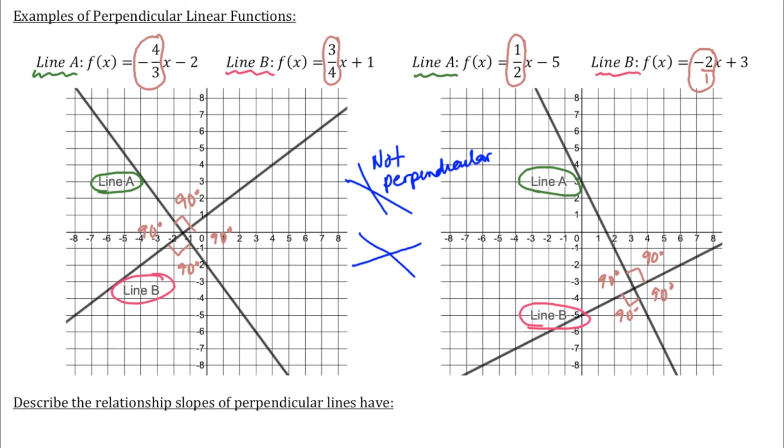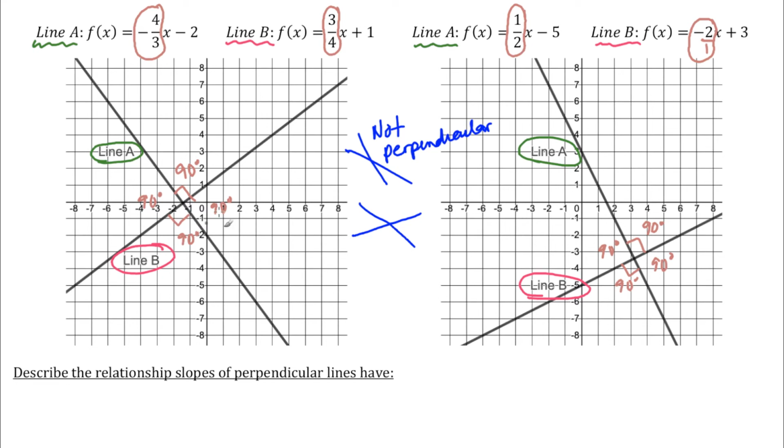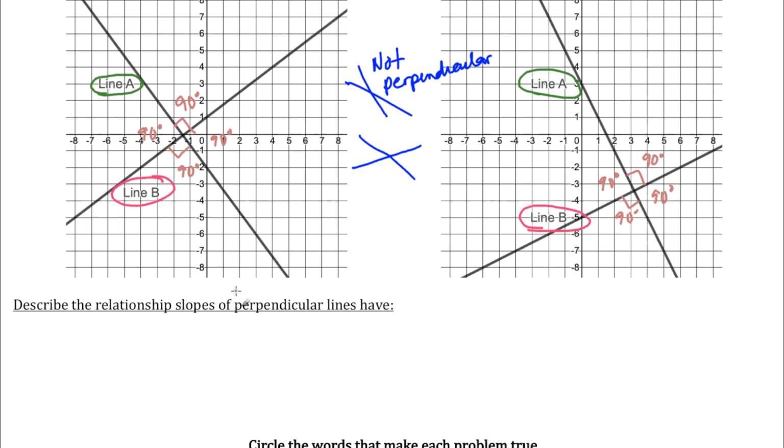So perpendicular lines, where they are 90-degree angles, right angles, have slopes that are something called negative reciprocals.